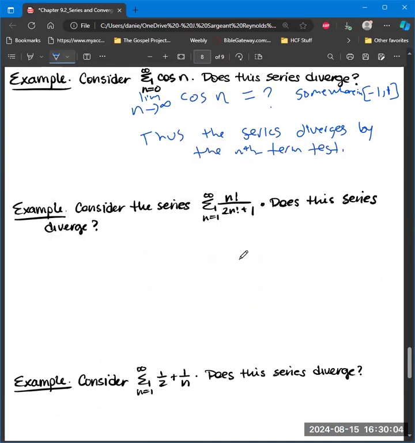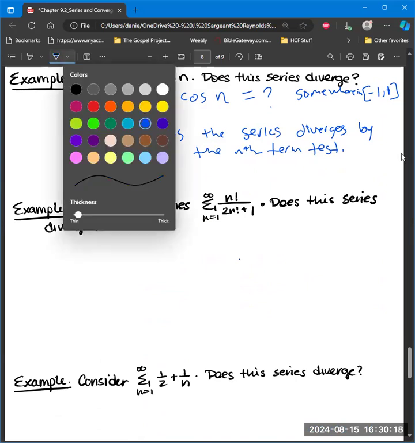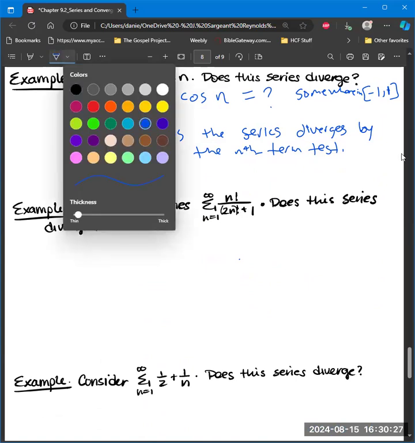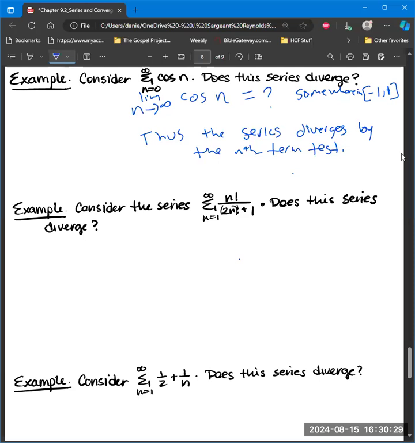All right, now let's think about n factorial over 2n factorial plus 1. I think that 2n factorial is supposed to have parentheses around it. It's not. So that was not 2 times n factorial, that's 2n factorial. Nope, actually it was 2 times n factorial.